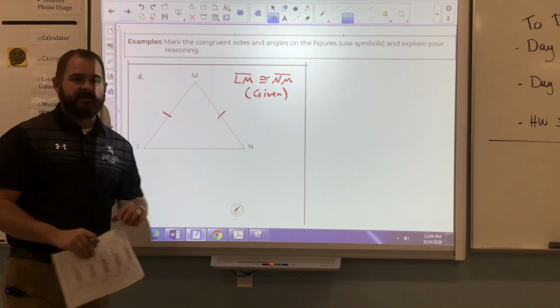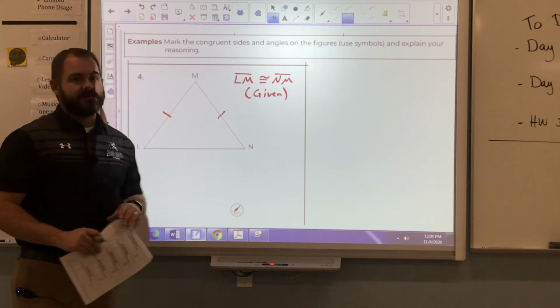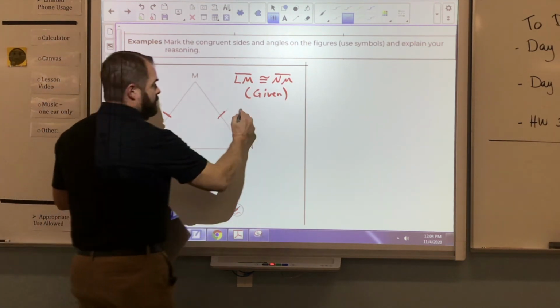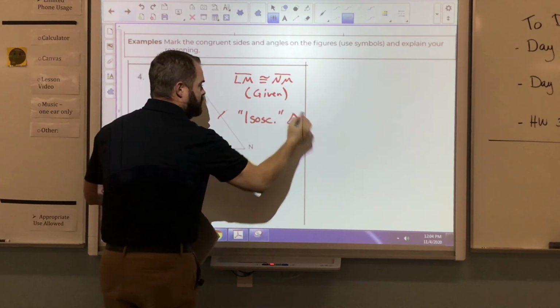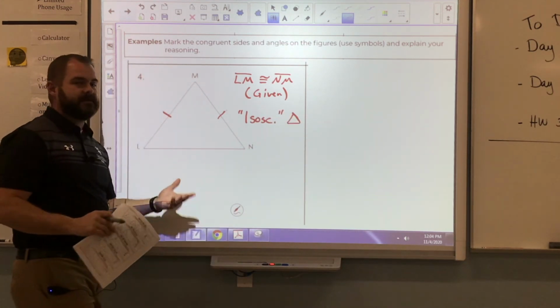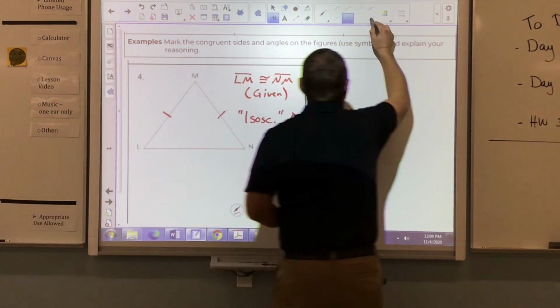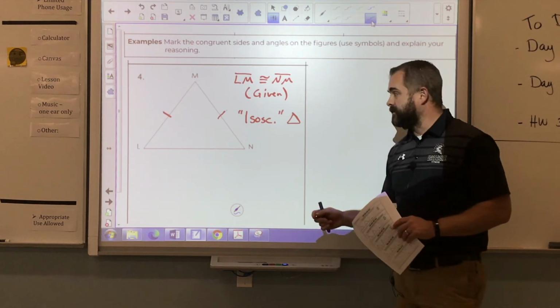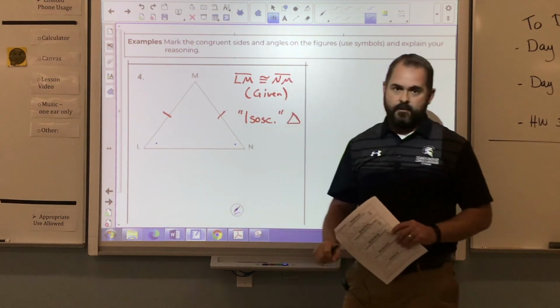But that tells me something about this triangle altogether. If I've got two congruent sides, it tells me this is an isosceles triangle. When there are two congruent sides, there's an isosceles triangle. There's something else I want you to get used to recognizing. When it's an isosceles triangle, that also means that the base angles are congruent.